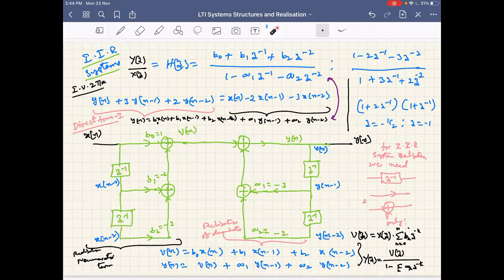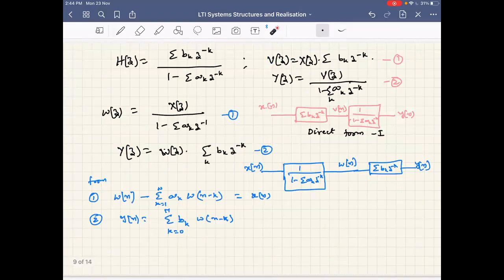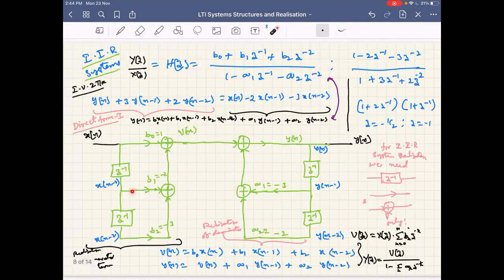Please also note that the realization of IIR systems has only delays, multipliers, and adders in their whole realization. Putting together just the delays, multipliers, and adders, you can realize any discrete time system. These multipliers, delays, and adders may be made of op amps, transistors, or any other electronic components. So let us see, can we make a more efficient realization, reducing the number of delays here.